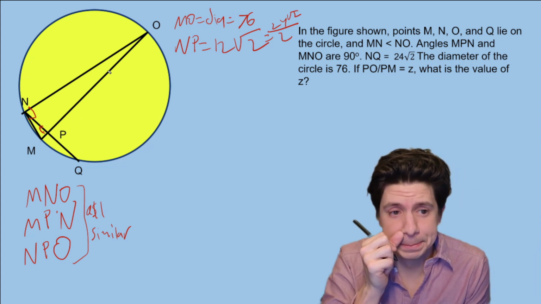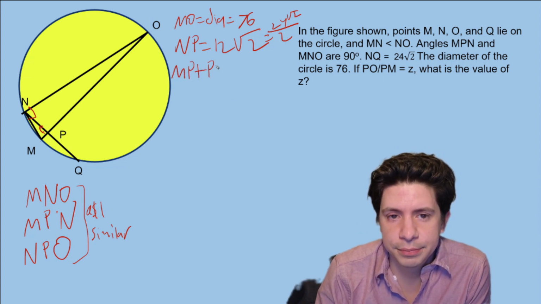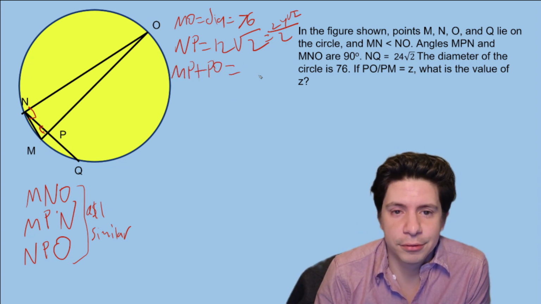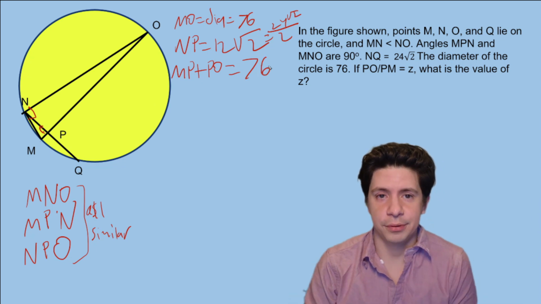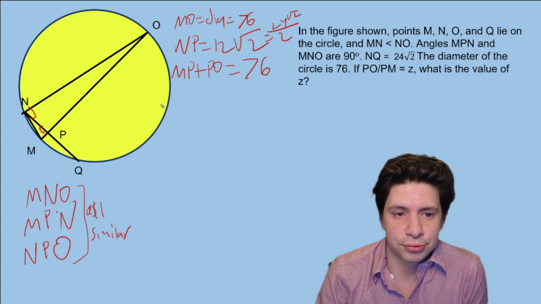Okay, so MP plus PO equals the diameter, which is 76. So we're going to have that part. And then we're going to say this, right? So let's do proportional triangles.